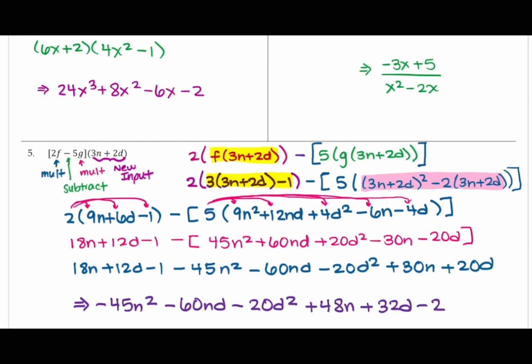And we end up with negative 45n squared minus 60nd minus 20d squared plus 48n plus 32d minus 2. So keep learning, keep growing, and I will see you in our next video.